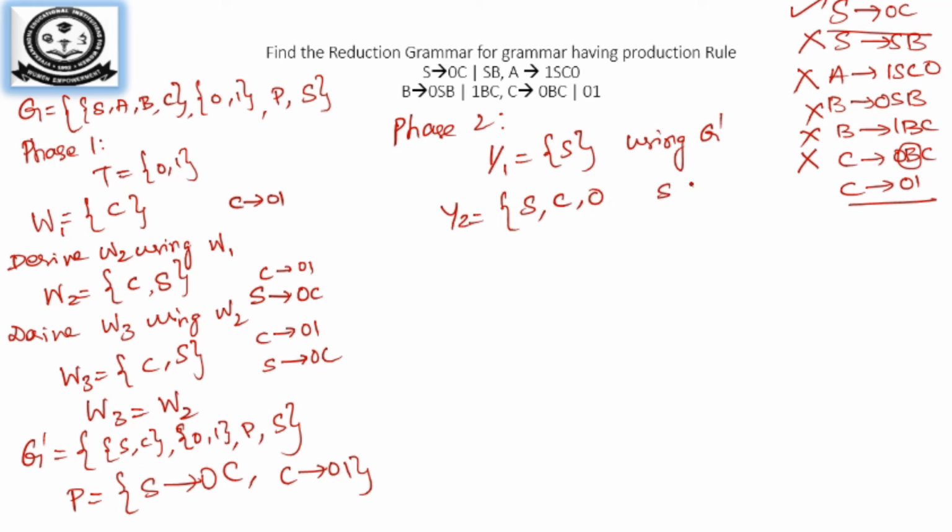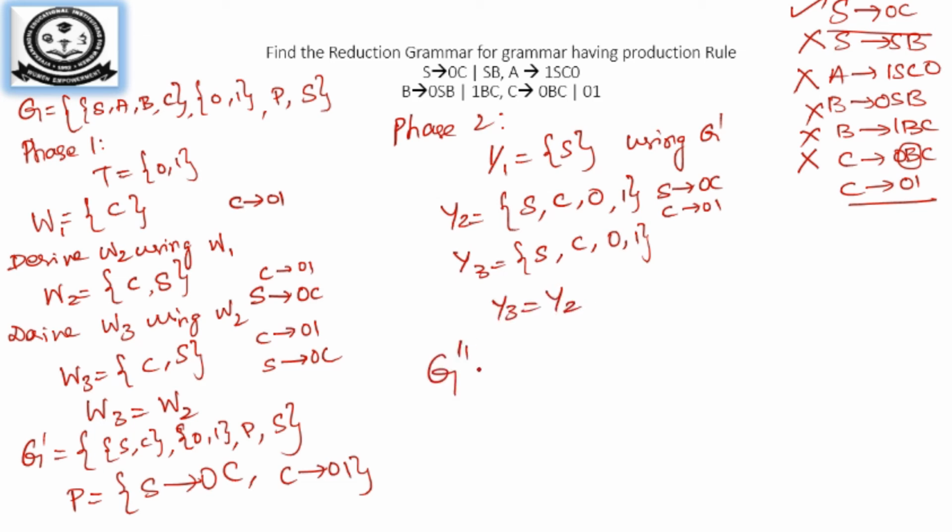So S tends to 0C means I can derive S, C and 0. So what can C derive? C can derive 0, 1, so I can include 0, 1. So that's the rule. So Y2 and Y1 are not similar. So Y3 will be also same. So S, C, 0, 1. Okay, so C implies 0, 1 alone. Right now you can see Y3 and Y2 are similar.